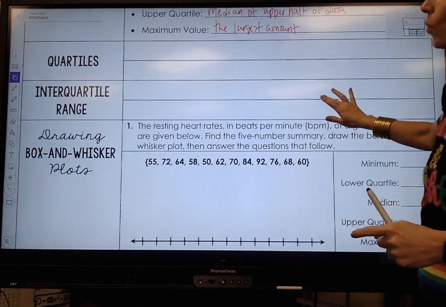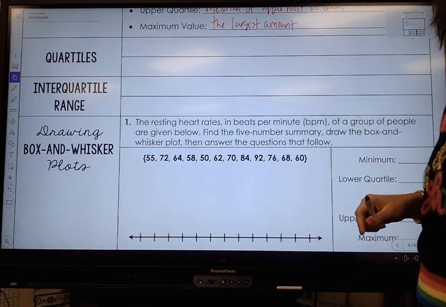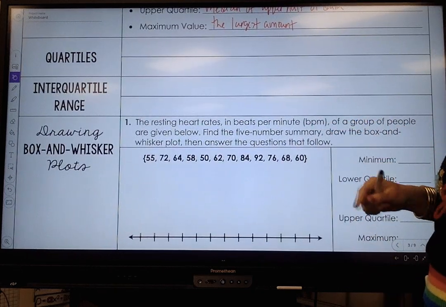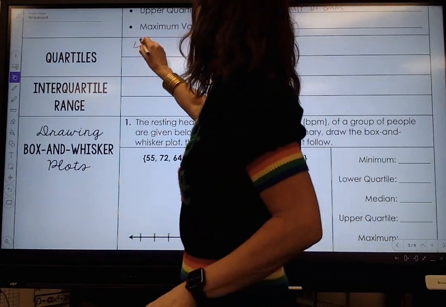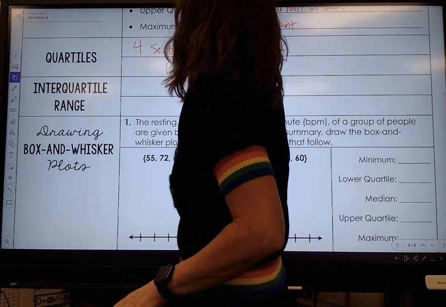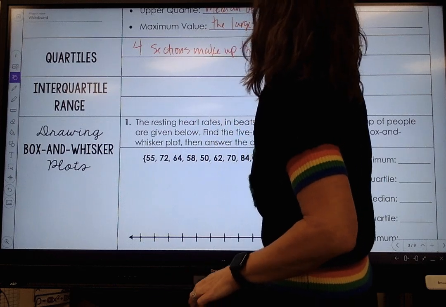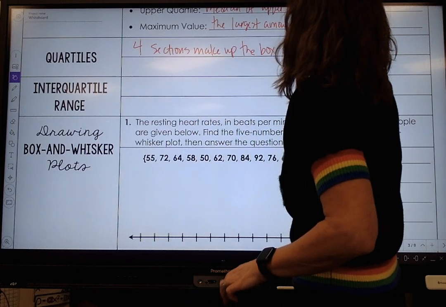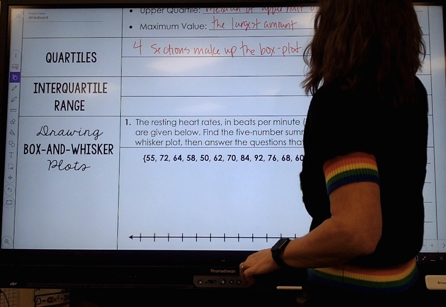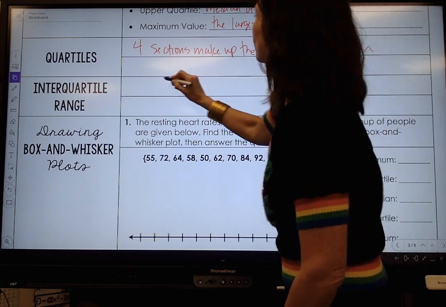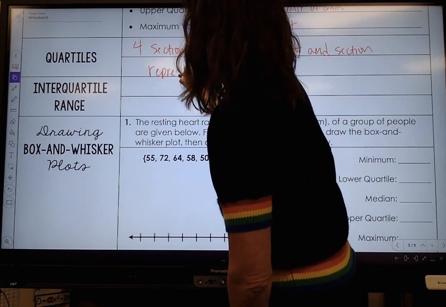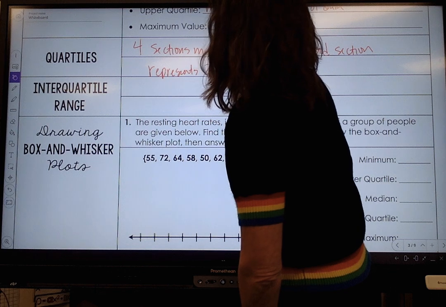So the quartiles are the 4 sections that make up the box plot, and each section represents 25% of the data.